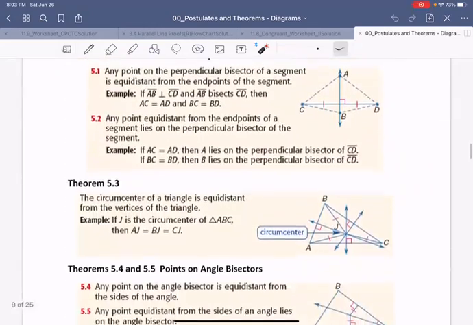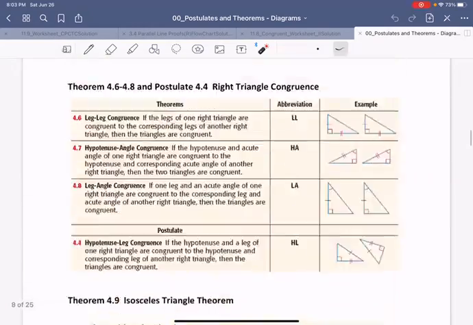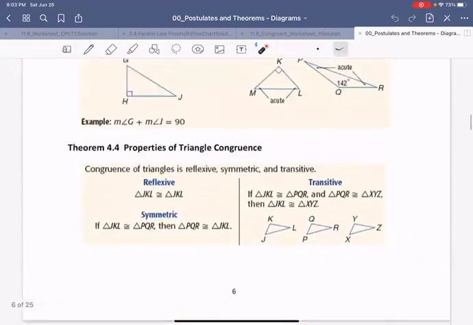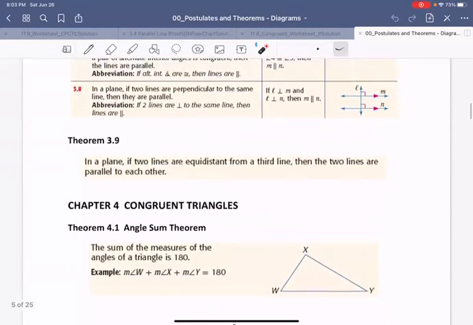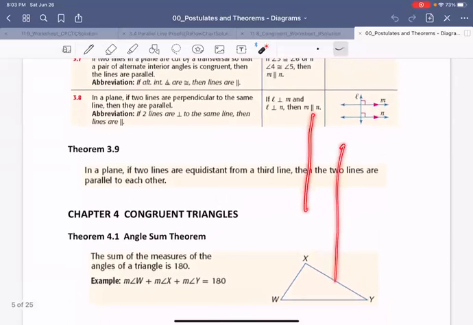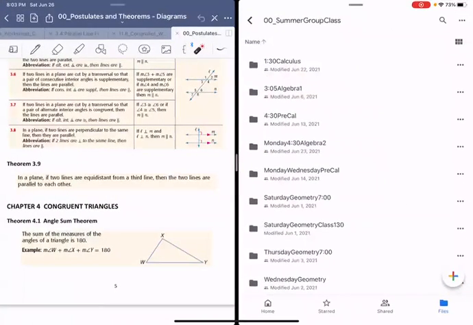I will upload this one to your homework. You can print it out, start to understand and memorize it, and at the same time during our class, we will continue learning all of this. I'm going to upload the homework, the blank worksheets, and the homework. The homework is exactly the same as last week's blank one, but for every single question this time, you are supposed to give me the flowchart way.